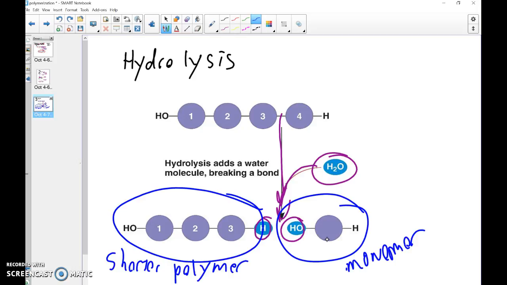Now, there is one thing that we haven't discussed, and that's, well, if water will cause this separation, isn't everything in living systems just water? And one of the things that's important here is this is not just water. This requires water and a special chemical called an enzyme. All right? And there's one enzyme that does this for the macromolecules.